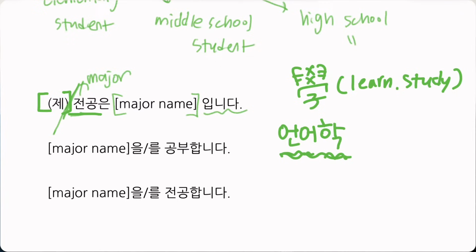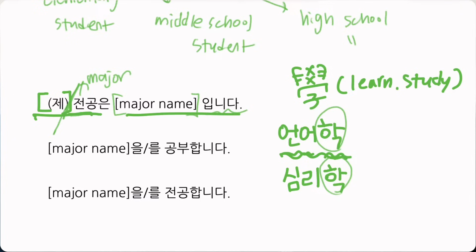So it's a language study as in linguistics. 제 전공은 언어학입니다. My major is linguistics. If you major in psychology, we add 심리, which means psychology, and then 학. So basically, 학 is added to indicate that you're talking about the study, the specific field of study.